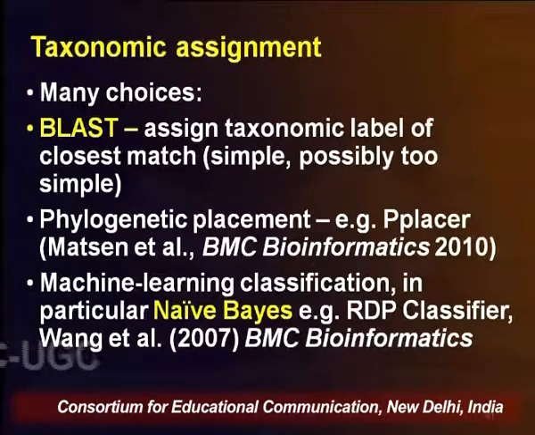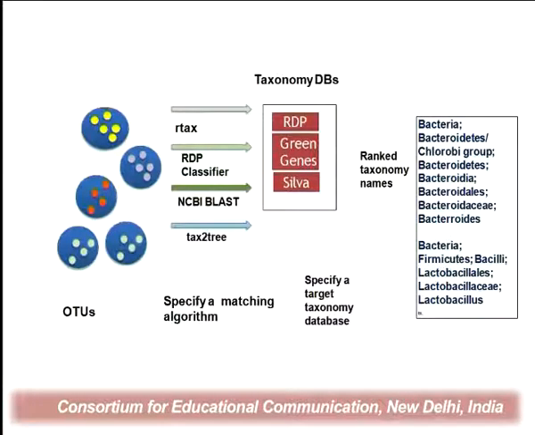So we can use any one of these, and here I have just summarized the process in taxonomic profiling. Our aim is to reach what? To reach the names given to these sequences wherever possible.